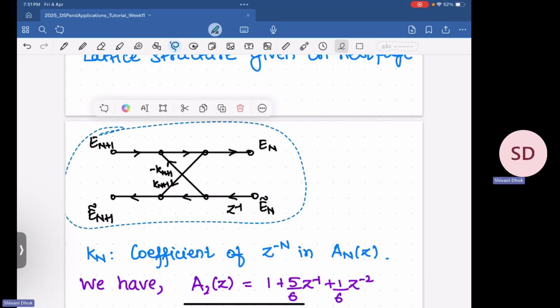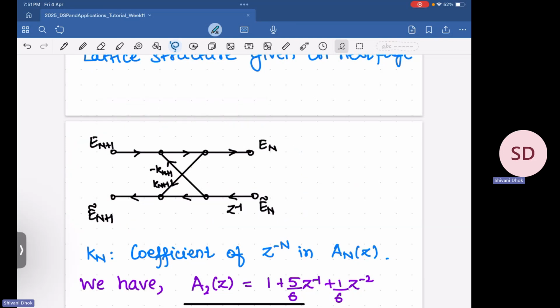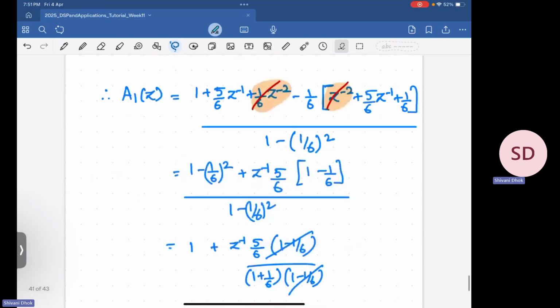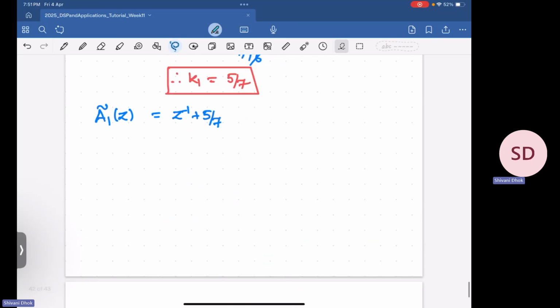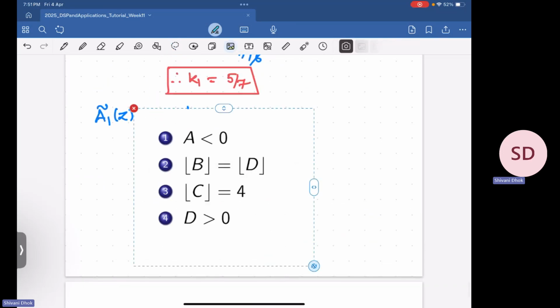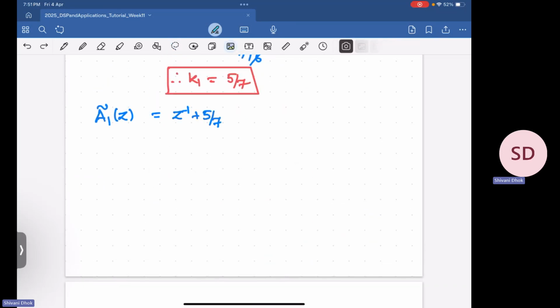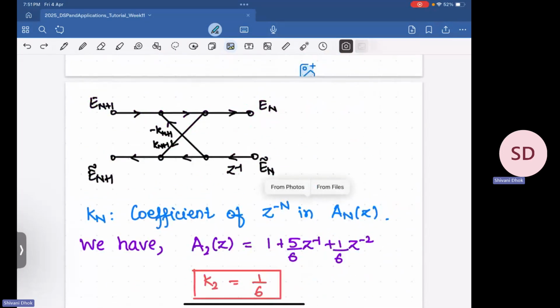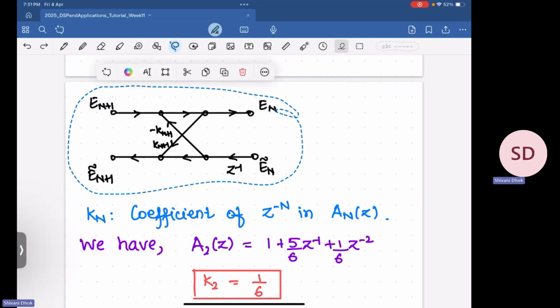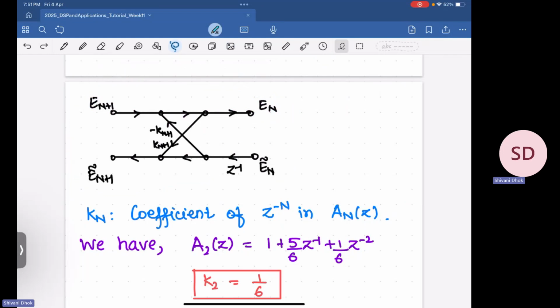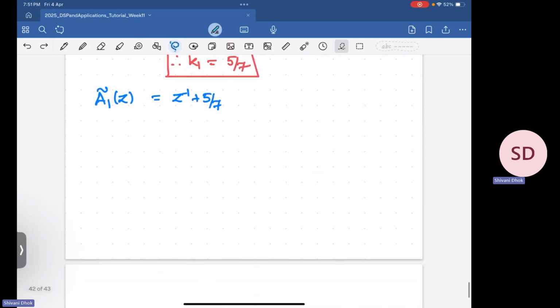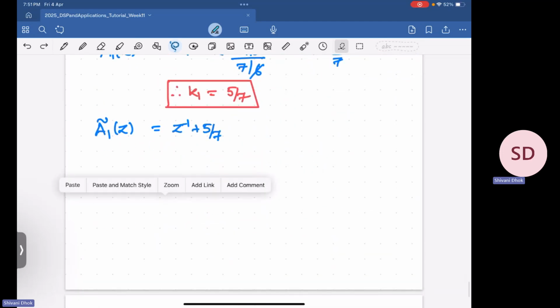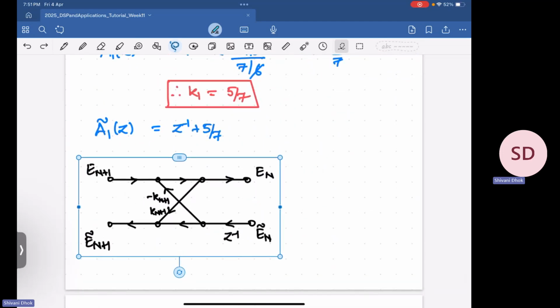So let me copy this and paste it here. So what do I have?